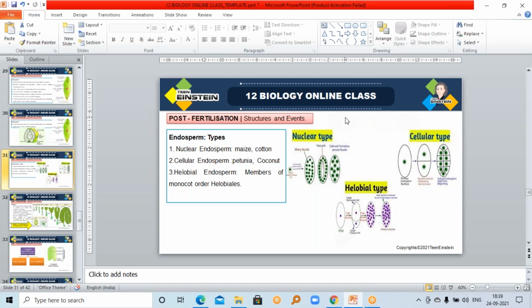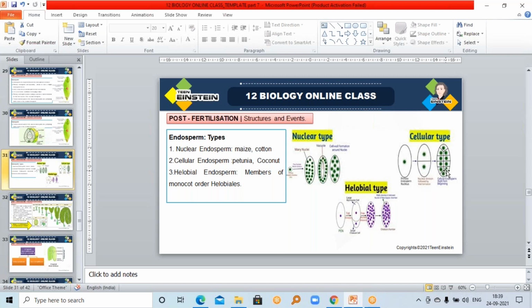But in the cellular endosperm, that primary endosperm nucleus undergoes several cell divisions and each cell division is followed by cell wall formation. Here you can see the primary endosperm nucleus. This will undergo division, but each division is with cell wall formation. You can see it is divided into different cells. There is cell wall formation in cellular type of endosperm.